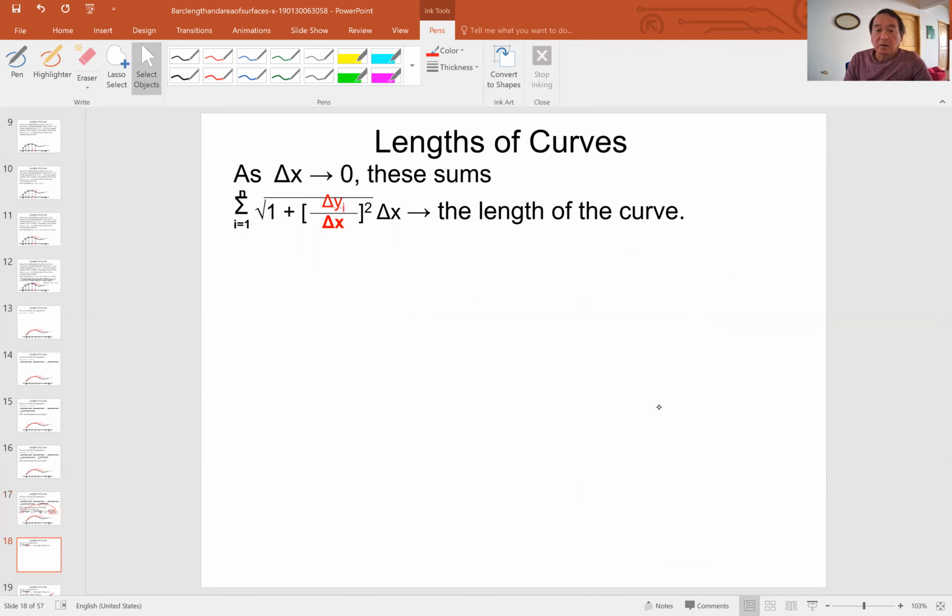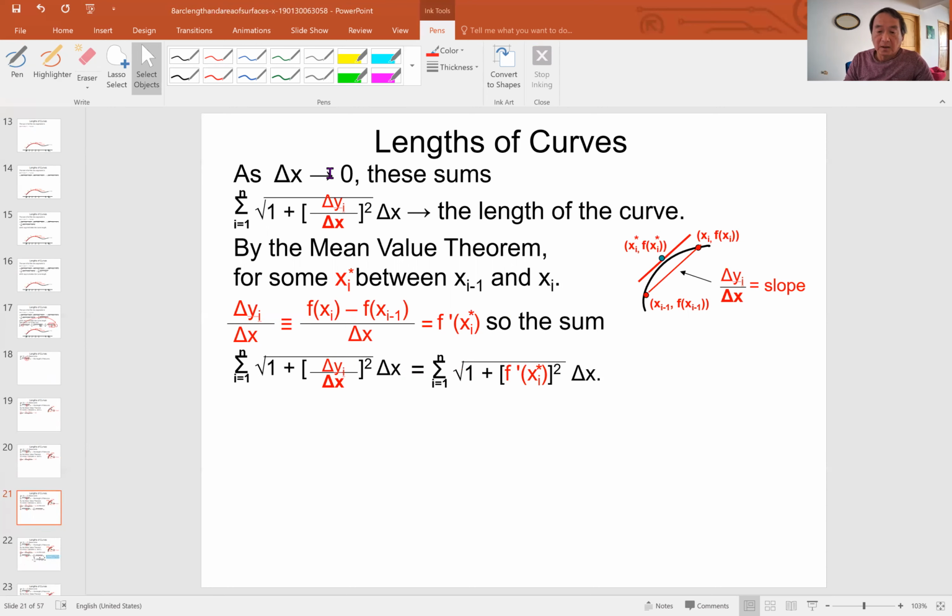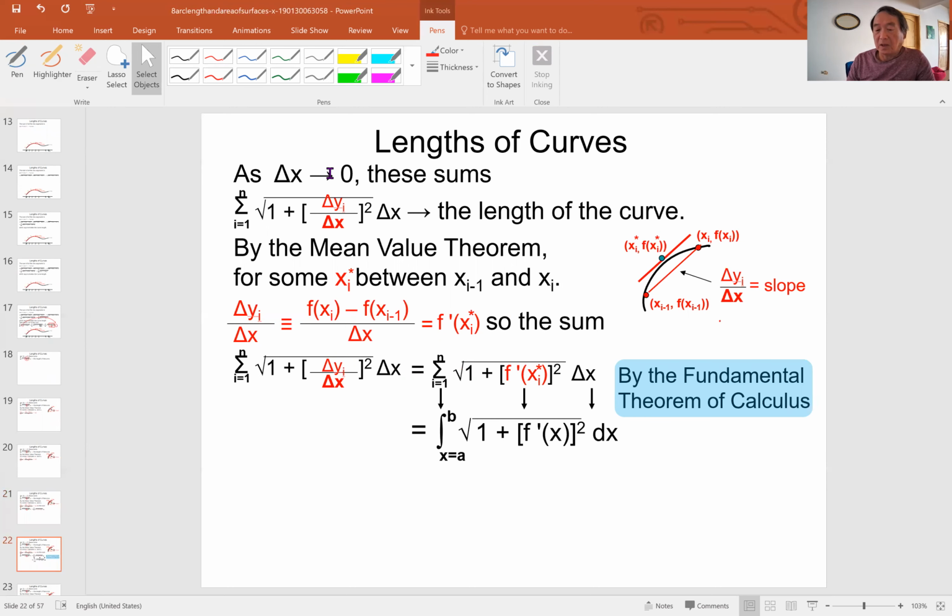We want to sum up all these segments, and as delta x goes to 0, each ratio goes to f prime of x. So the entire sum, by the fundamental theorem of calculus, turns into the integral of the square root of 1 plus f prime of x squared dx.